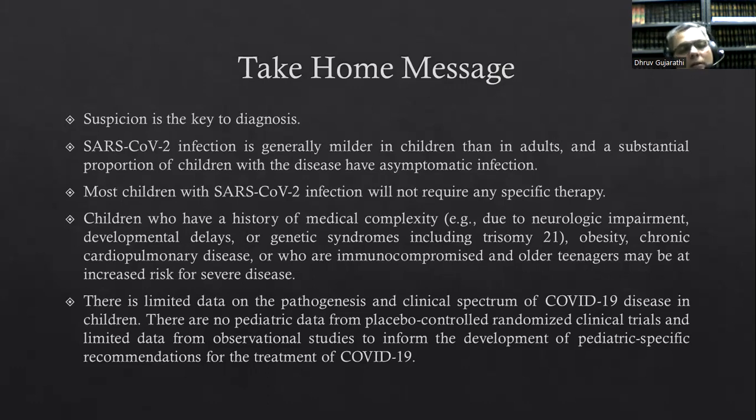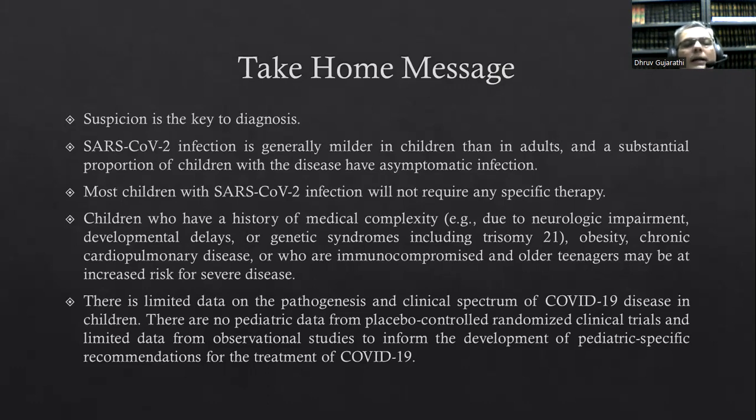Some with comorbidities are likely to land up in severe disease and might require support or treatment. Children who have a history of medical complexity due to neurologic impairment, developmental delays, or genetic syndromes, including trisomy 21, obesity, chronic cardiopulmonary diseases, or who are immunocompromised, or older teenagers may be at risk of severe disease.